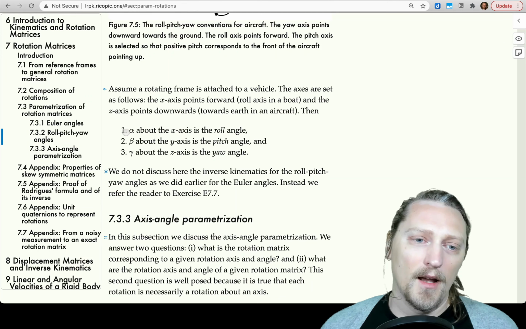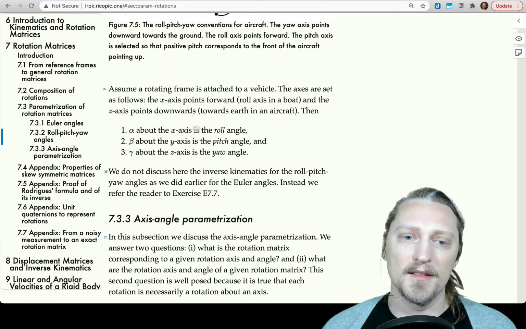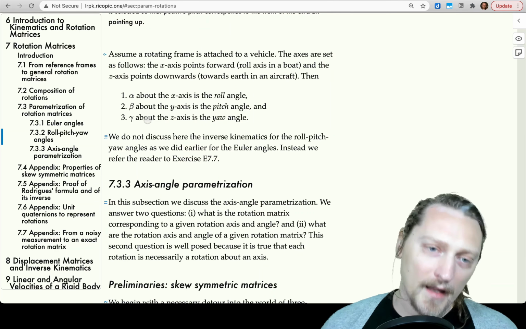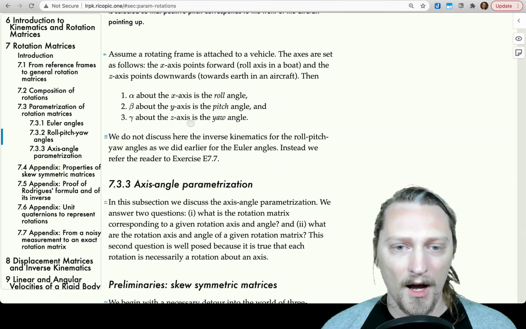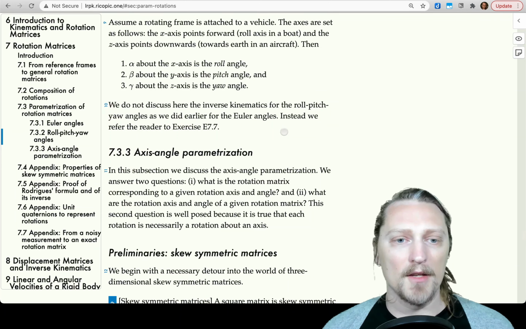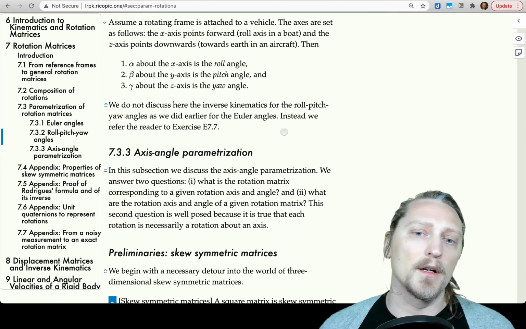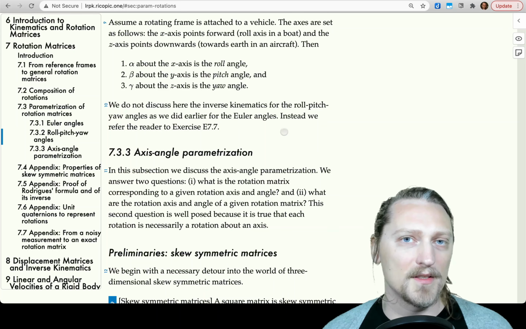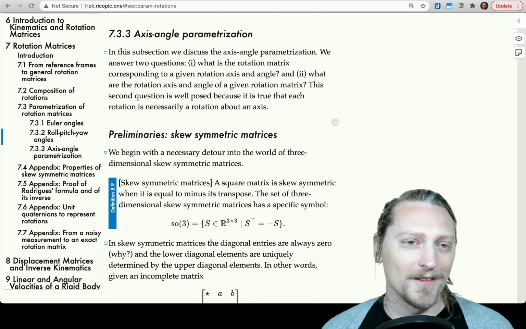Then alpha about the x-axis is the roll angle, beta about the y-axis is the pitch angle, gamma about the z-axis is the yaw angle. We do not discuss here the inverse kinematics for the roll, pitch, yaw angles as we did earlier for the Euler angles. Instead, we refer the reader to exercise 7.7 for more fun.